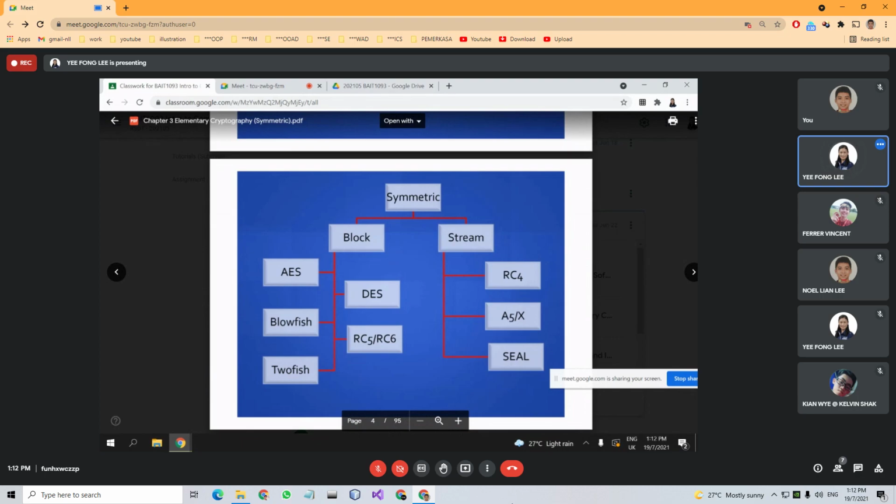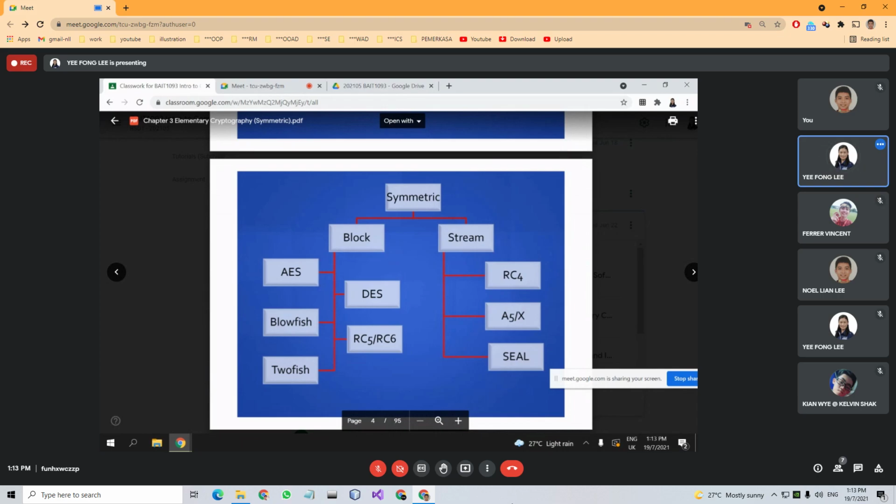Block here, no worry, because in the following slides we will have block and stream many times. But now let me briefly share with you the block cipher. Block cipher means the input elements go through block by block, and one block could consist of 4 bits, so 4 bits, 4 bits, 4 bits.